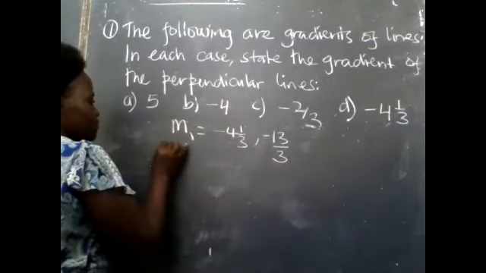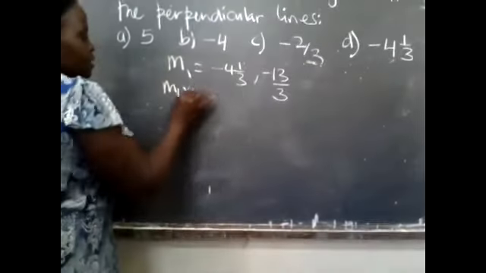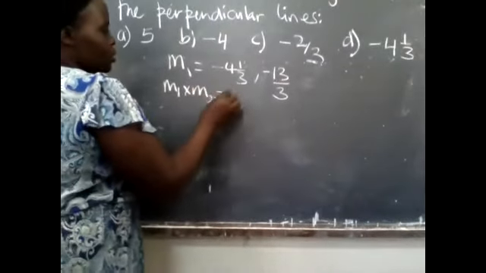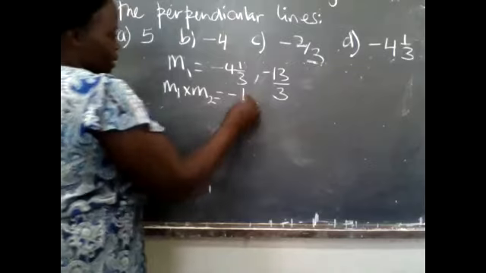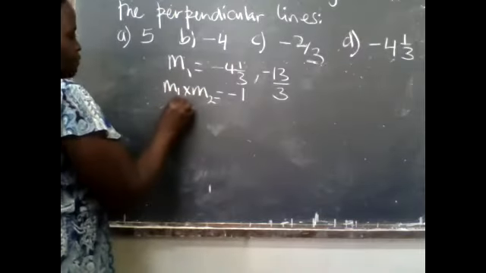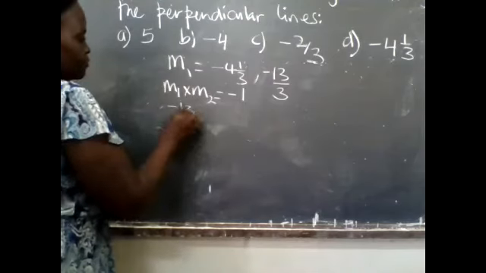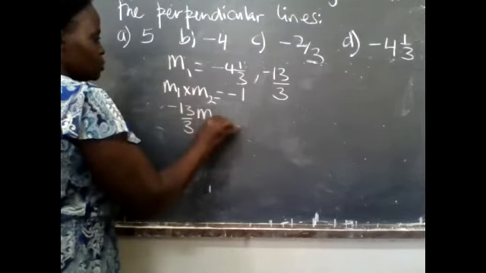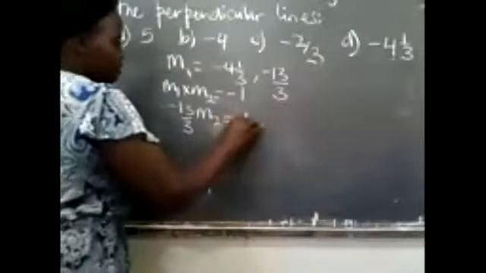Okay, so if you convert, then we shall have our M1 times M2 is equal to -1. And we have our M1 as -13 out of 3 times M2 is equal to -1.